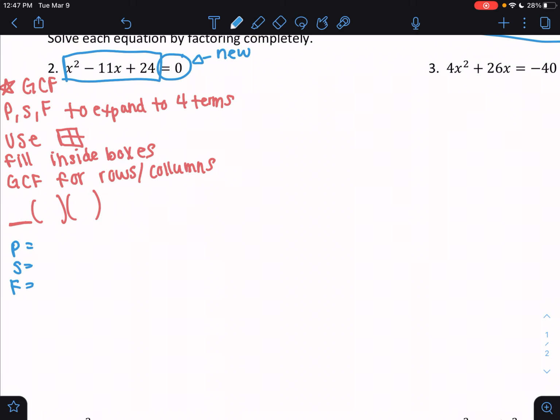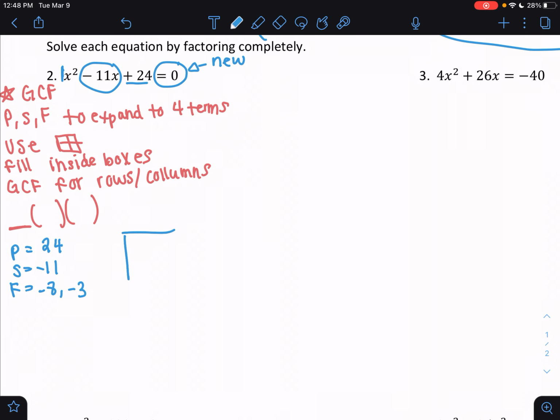My product, remember, is a times c. That would be this invisible 1 here times this 24. So my product is 24. This middle term is my sum, so negative 11. And then my factors: what two numbers multiply to get 24, but add to get negative 11? That would be negative 8 and negative 3.